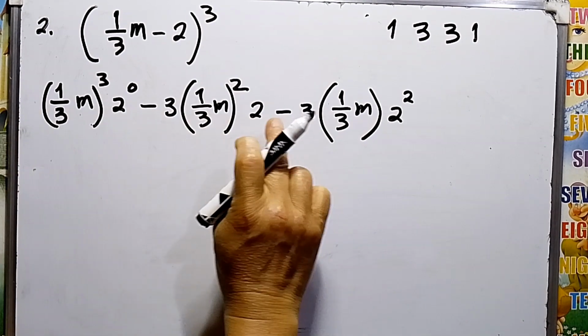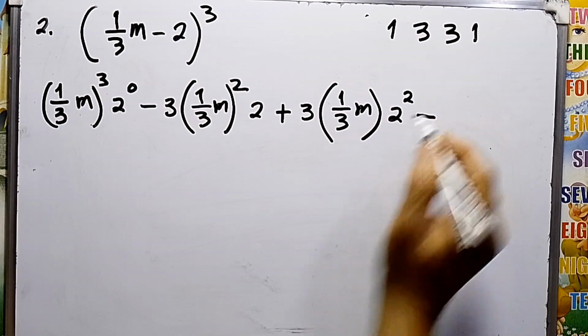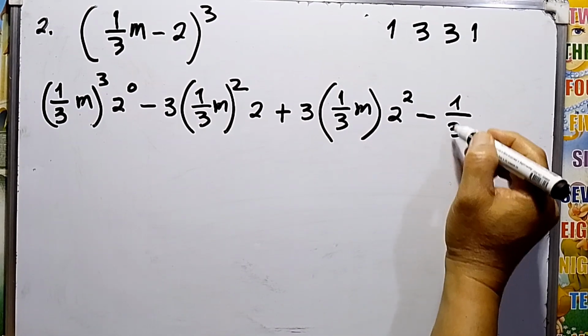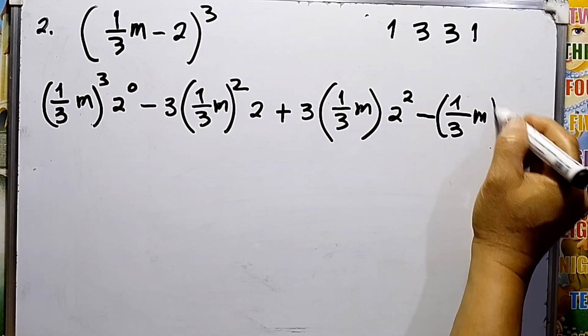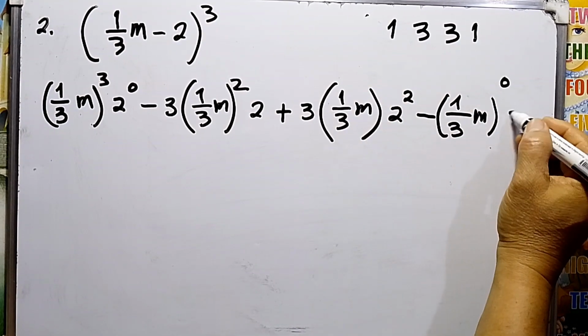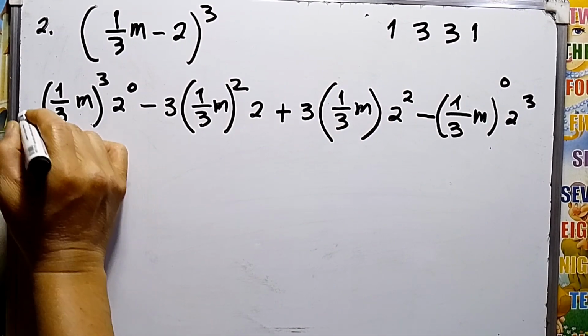Plus, minus, plus, minus, plus. Sorry, this will be plus. And the last will be minus. So this will be 1 over 3 m to the 0, because this is already 1. And then this will increase, 2 to the third power.